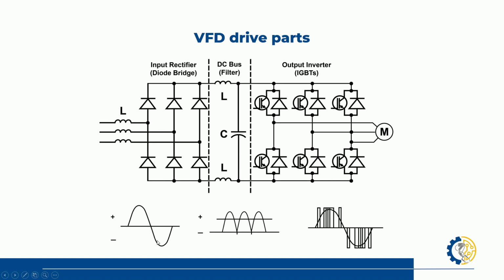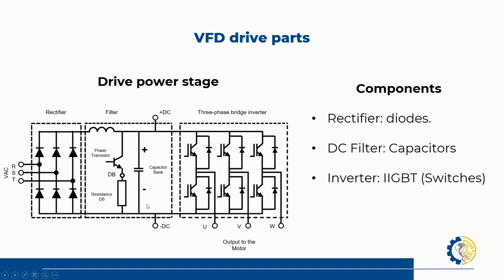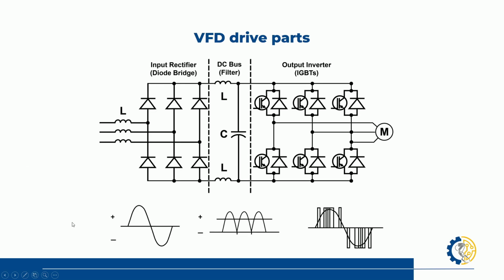Because a diode's job is to direct the voltage towards only one spot or one point. So with our diodes, we are forcing our wave to become positive only. So once we go to our rectifying part, we go to this side.